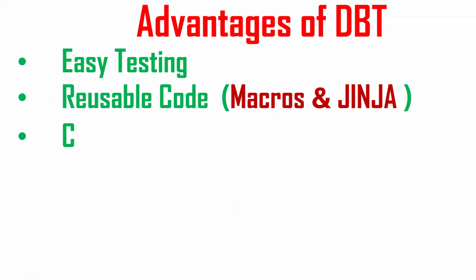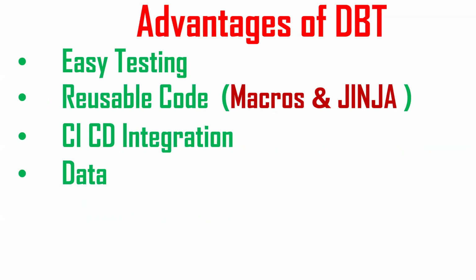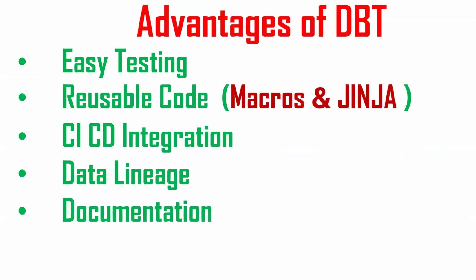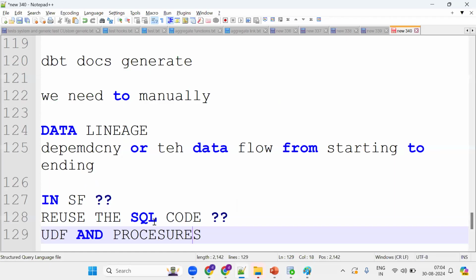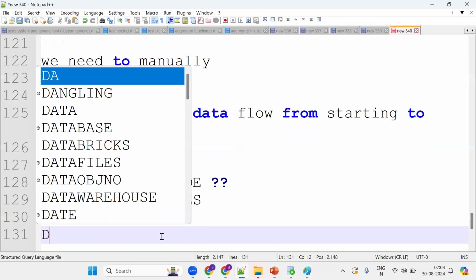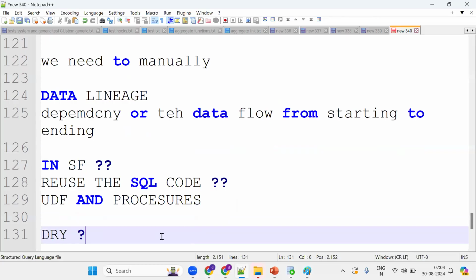Okay, see, the next one is CI/CD integration, data lineage and documentation. So with the help of dbt, we can easily perform testing, reusable code, CI/CD integration, data lineage, and documentation. The entire dbt depends on one principle, that is DRY. What is DRY? Tell me. In software terminology, DRY. Anyone have an idea?